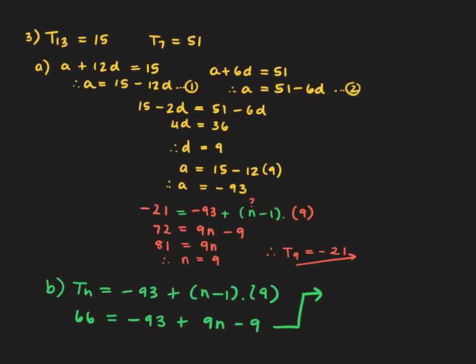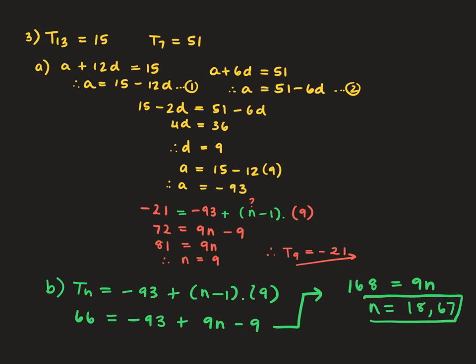So I need to add 93 to both sides and the 9. So I'm going to get 168 is equal to 9n. And when you divide both sides by 9, you get that n is 56 over 3, or 18.66 recurring. So let's say 18.67.